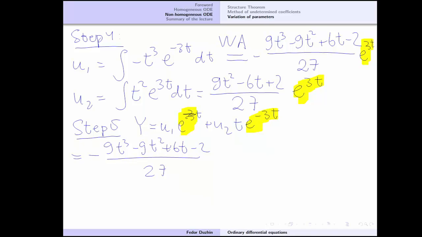That's the first summand, plus u2 times t. So times t means that I need to increase the power of t, so instead of 9t squared, I'm going to have 9t cubed minus 6t squared plus 2t over 27.